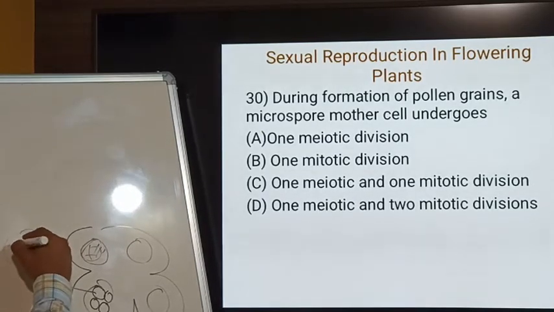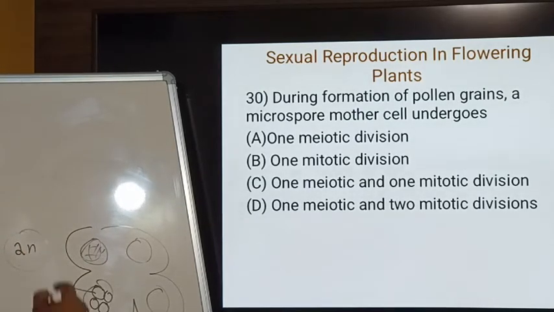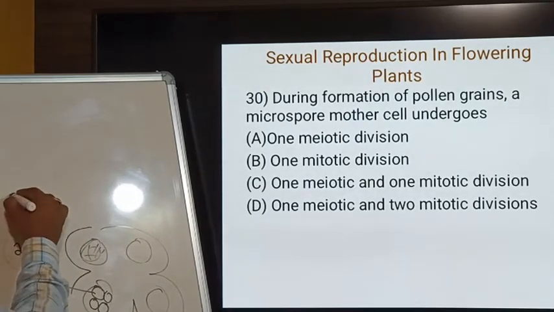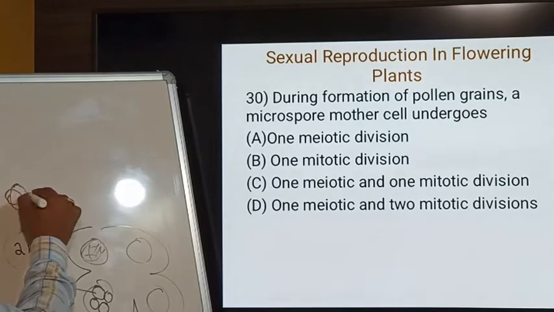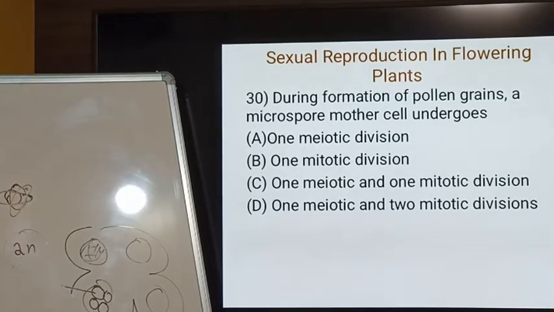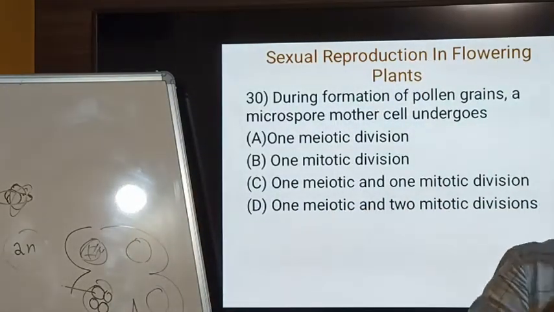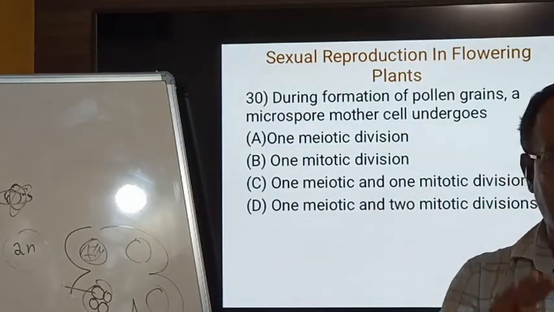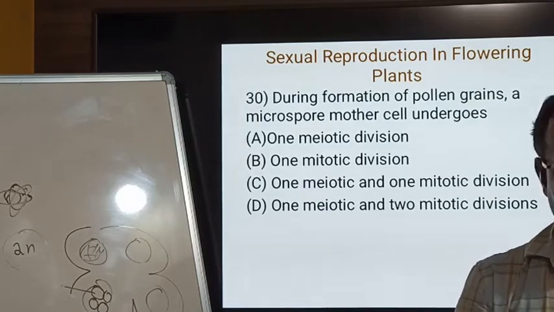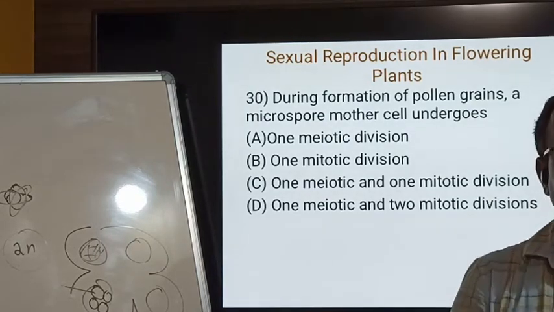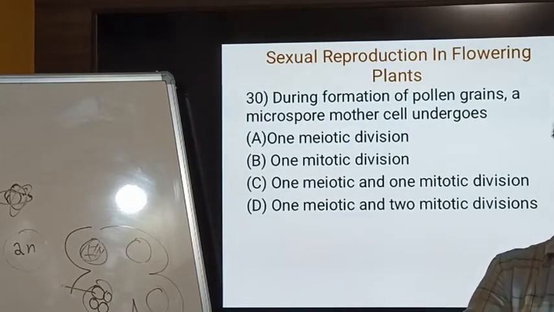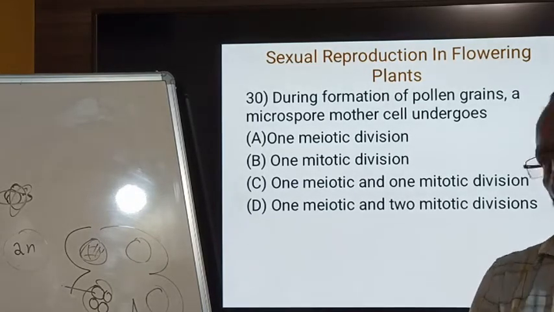So this diploid pollen mother cell on meiotic division produces microspore tetrads. The microspore tetrads hold 4 haploid cells. As they get dehydrated, they separate into pollen grains.